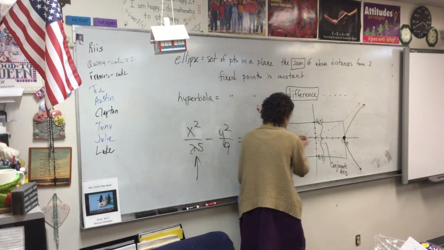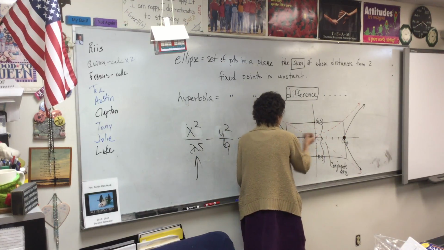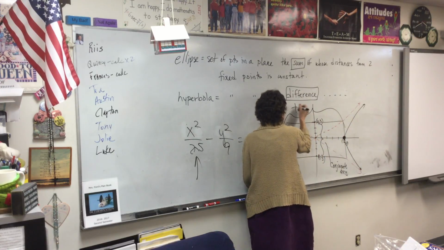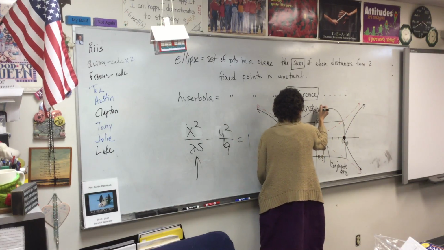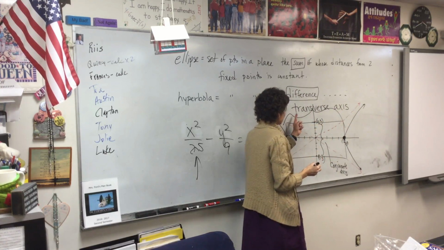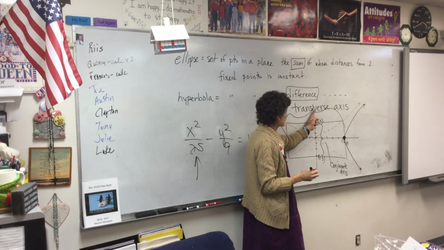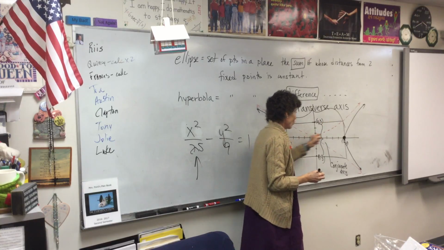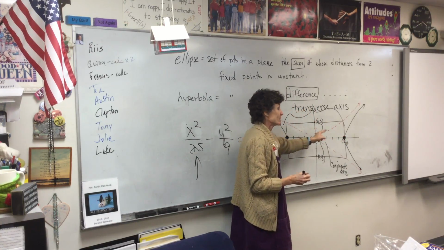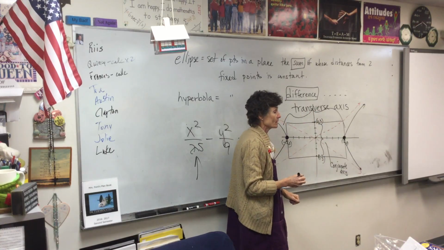This axis that joins the actual vertices is called the transverse axis. And that word makes sense because transverse, across the vertices, joins the vertices, transverse axis.